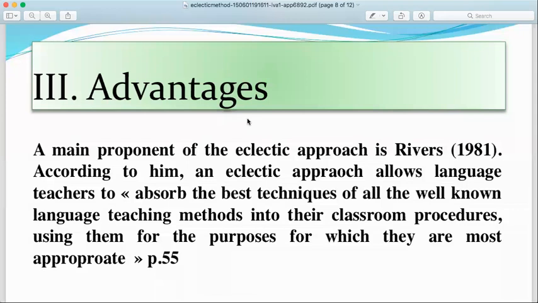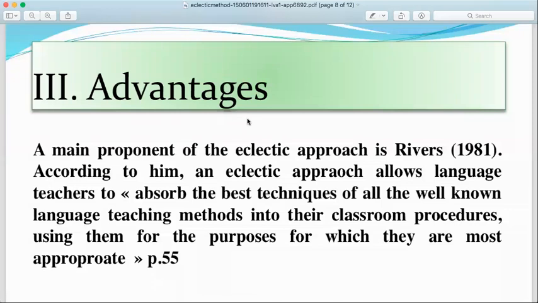Now, the third characteristic of eclectic approach is it's being situational and context specific. Okay, so how is it context specific? Because the teacher has the understanding about where she's conducting the classes. She is aware about the situation of the students, the local situation, all of these. So then she gets to design this particular approach.